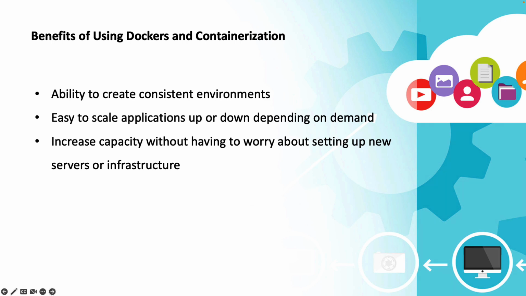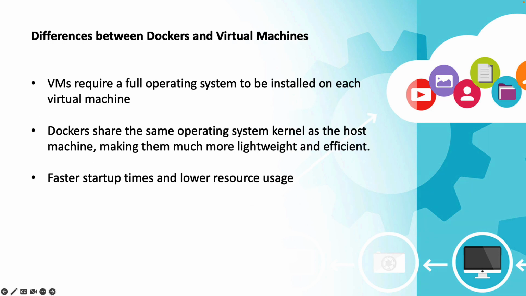In addition, Dockers and containerization make it easy to scale applications up or down depending on demand. By simply spinning up more containers, developers can quickly increase capacity without having to worry about setting up new servers or infrastructure.